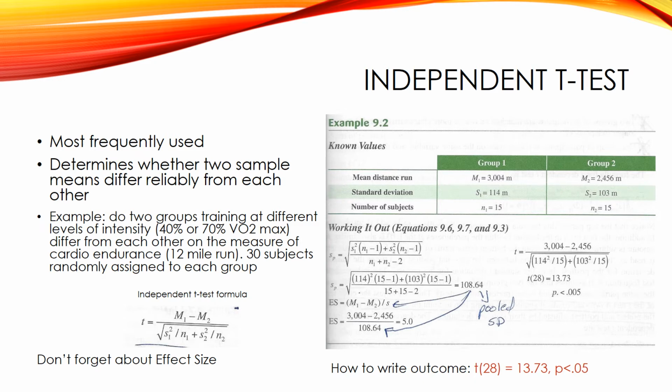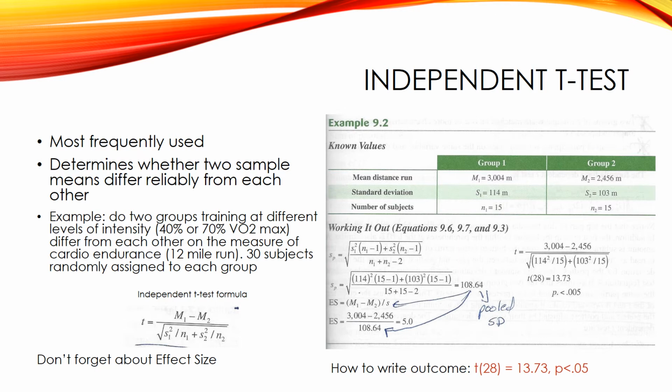So we're looking at cardiovascular endurance and then 2 treatments, 40 and 70% of VO2 max, and then the outcome is the distance run. The formula for the independent t-test is the formula you see here, so I don't have to really say it fully, but on the chart, which is from your textbook, the T here is the mean of group 1 minus the mean of group 2, and then you take their standard deviation squared and their number of subjects, and that gives you a 13.73 T ratio.